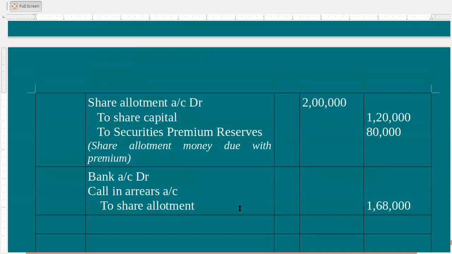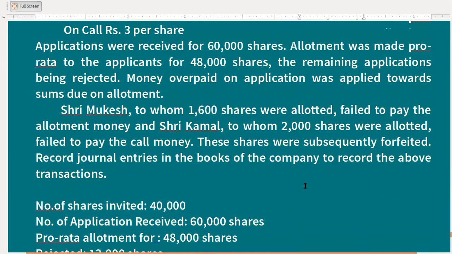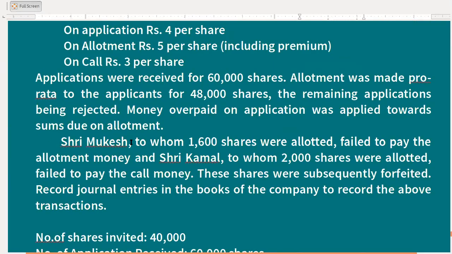Now, so to share allotment account, we will receive only 1,68,000. Now we have to understand how much amount we are going to receive and what is the amount that will be provided in calls in arrears account. We know in the question it says that Mukesh, to whom 1,600 shares were allotted, not applied.